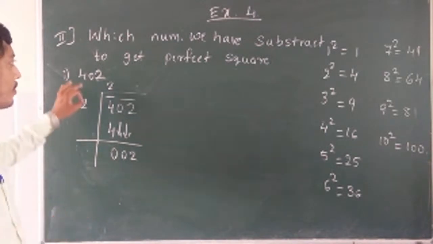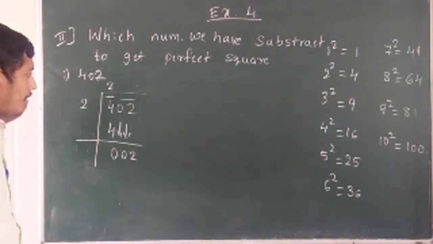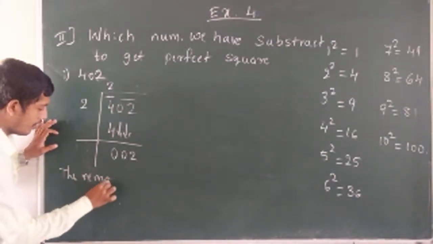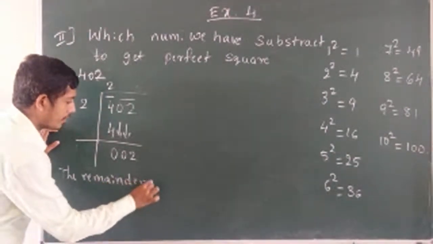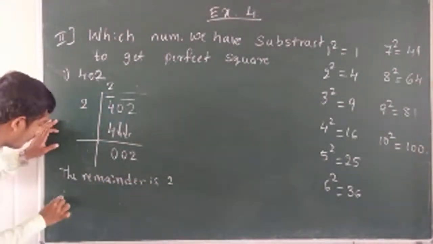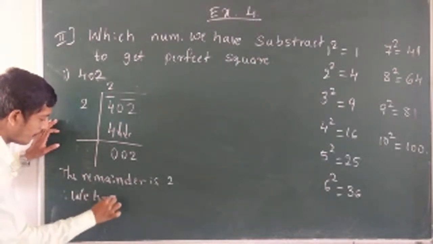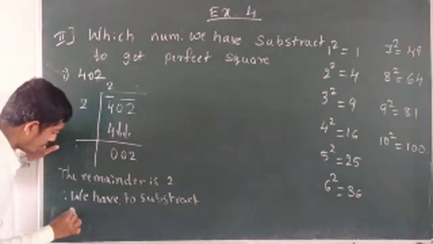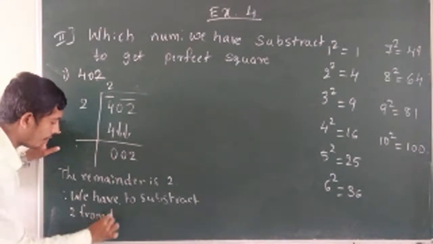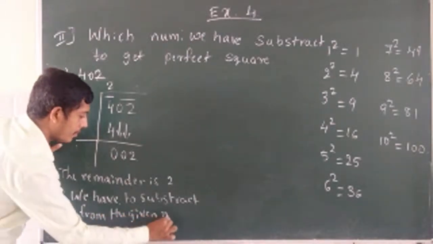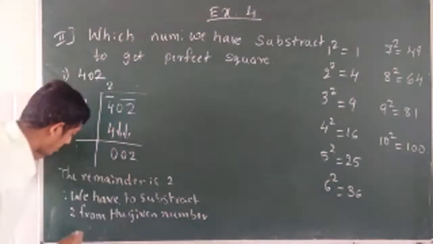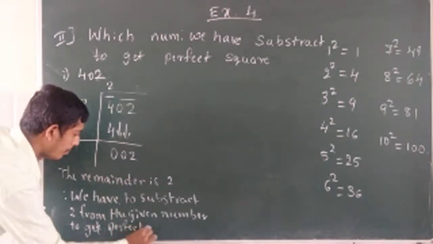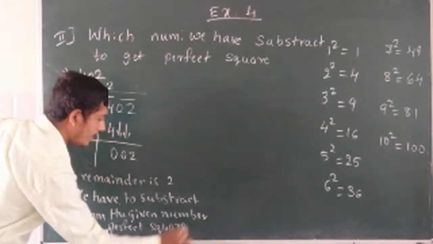Now we have to subtract 2 from the given number to get the perfect square.